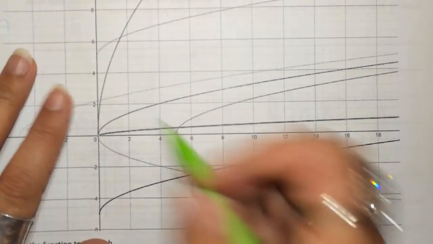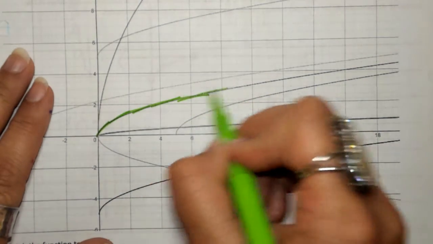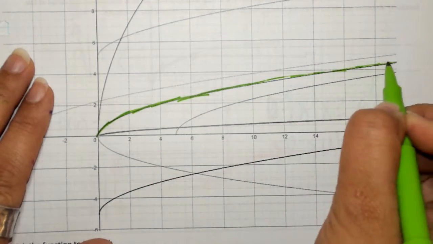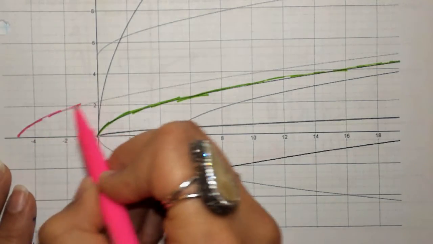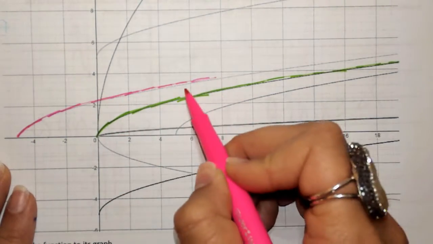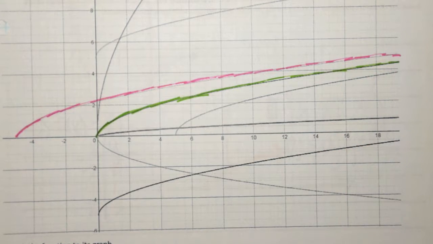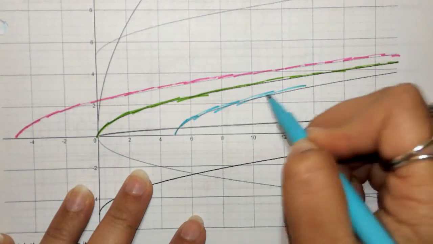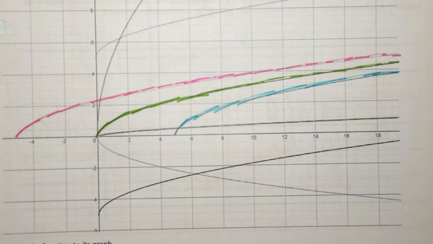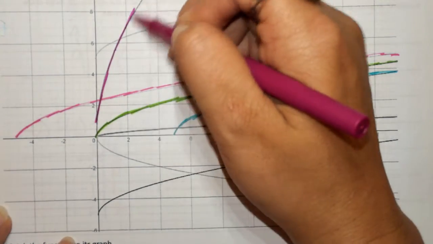Alright, so on mine, I'm going to start with this first one right here, and I'm going to outline it in green. You choose whatever color you want. Then I'm going to go left and outline this one in pink. This one is going to be blue. This one's going to be this fuchsia color.